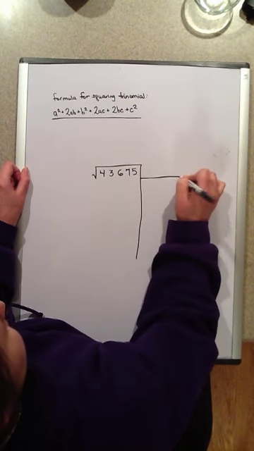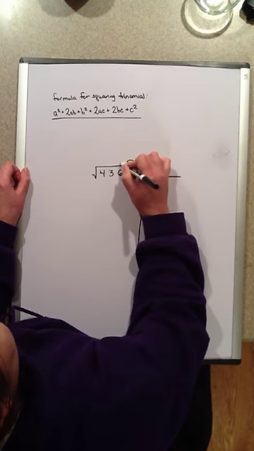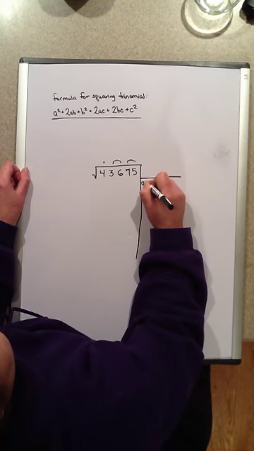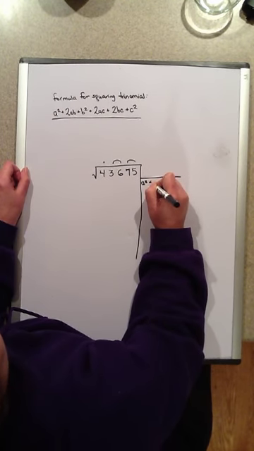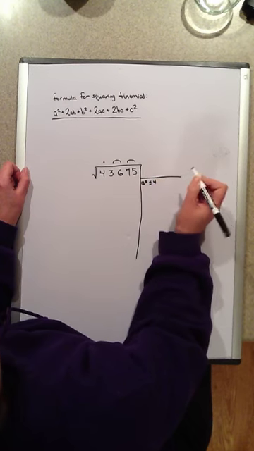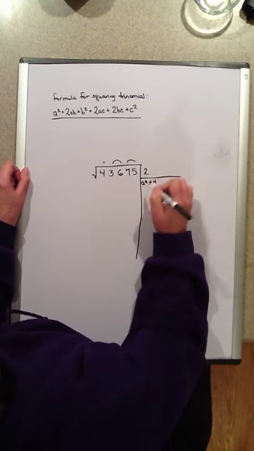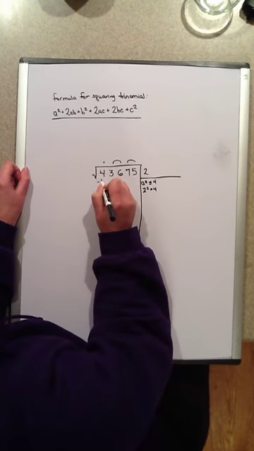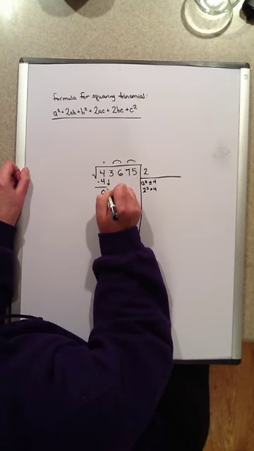Once again, we know we're going to have 3 digits. First step is to solve for a. A squared has to be less than or equal to 4. Let's use 2. 2 squared is equal to 4. We bring down that 3.